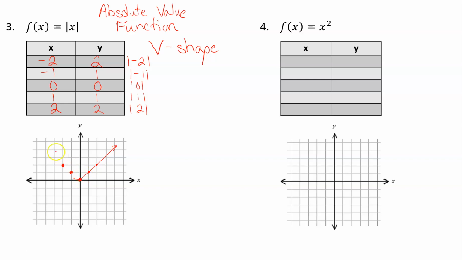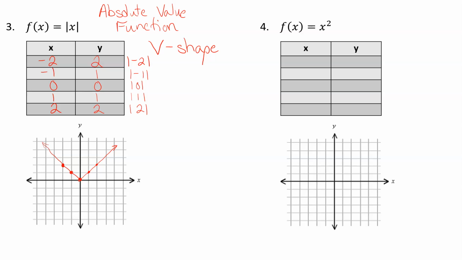Sorry, I'm not getting that very straight. And again, put arrows on the ends of your graph. And that is what the absolute value function looks like. We kind of want to memorize what these basic graphs look like.